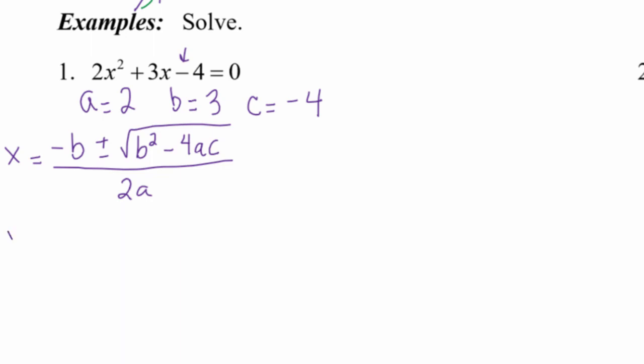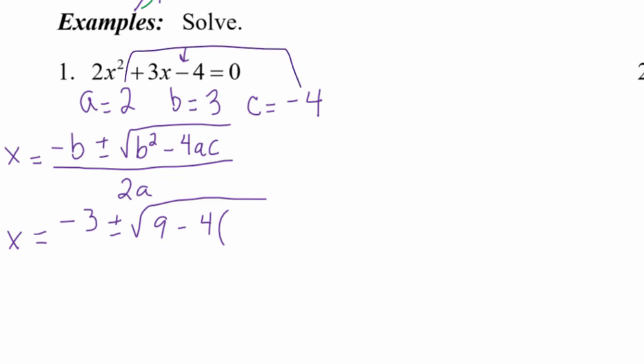So x equals the opposite of b, which will be -3 for us. Remember, b was 3, plus or minus the square root of b squared, so 3 squared is 9, minus 4 times ac. a times c is -8. All over 2 times a, which is 2 times 2, or 4.